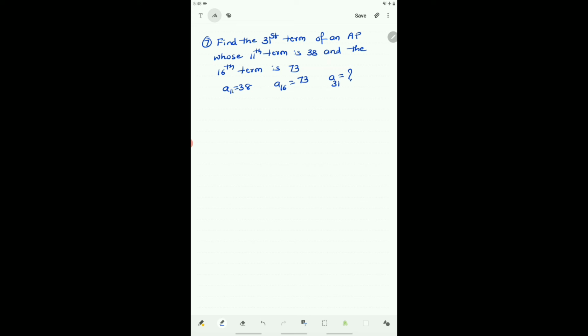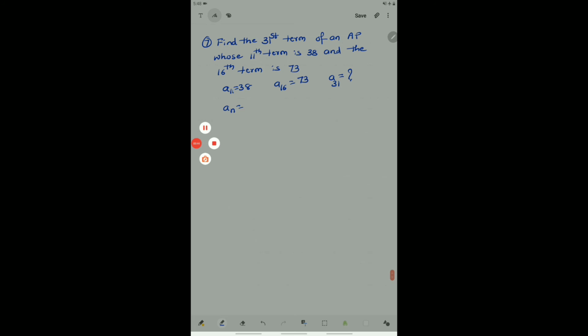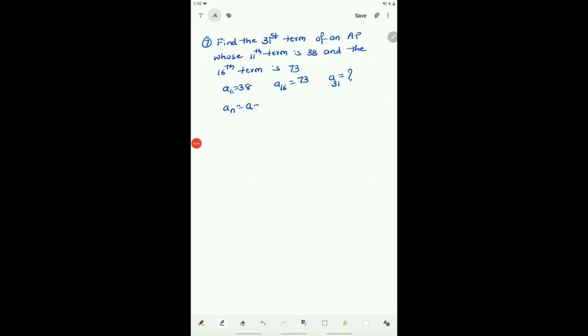Write the formula for AN. AN is equals to A plus N minus 1 into D.